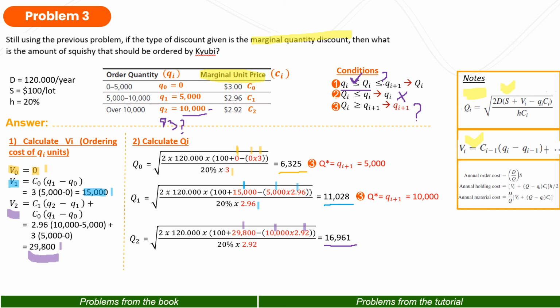That is 16,000 is bigger than 10,000. So for the q2 it is the first condition. So the q star for the q2 is we need to order the amount of the big Q, that is 16,961 units.